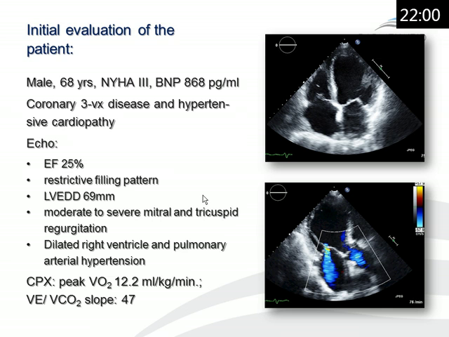For example, if you see a patient who has a functional class, New York Heart Association class 3, he has an elevated BNP, he has an extended coronary artery disease and hypertension, ejection fraction is 25%. The echo shows you a restricted filling pattern during diastole. The left ventricular diameter is increased. He has a severe mitral regurgitation as well as a tricuspid regurgitation, and the right ventricle is dilated.